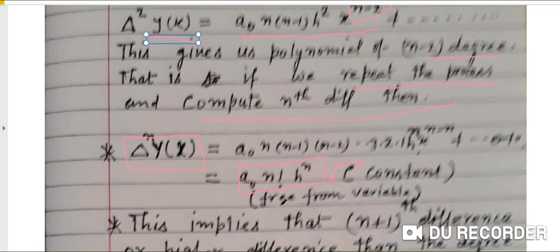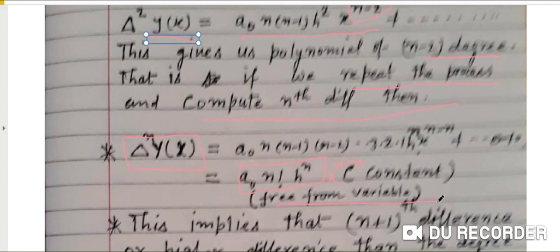So it is free from the variable, meaning the independent variable here. So the nth difference makes the polynomial's difference value free from the independent variable. Means there is no variable, only constant quantities occurring.